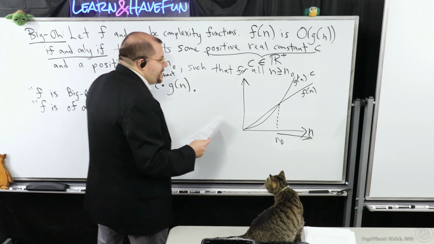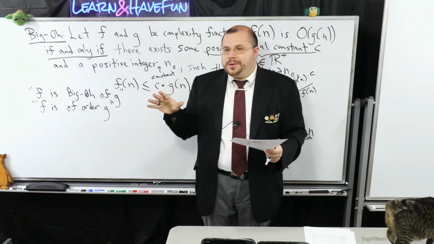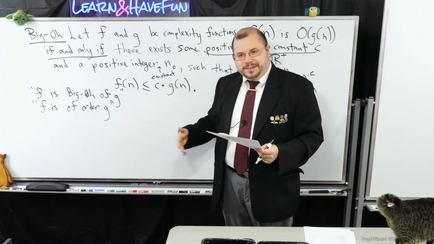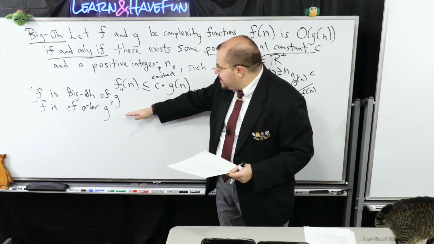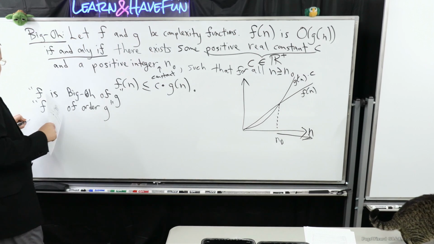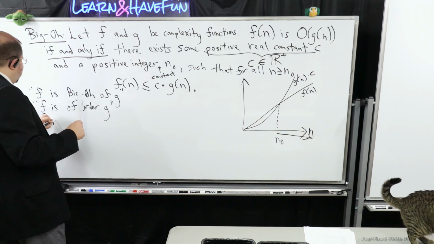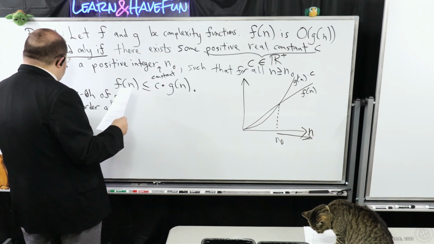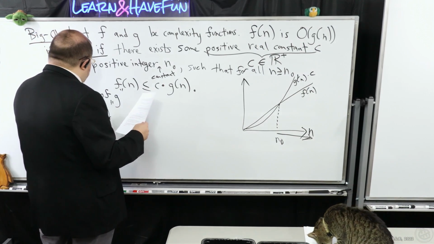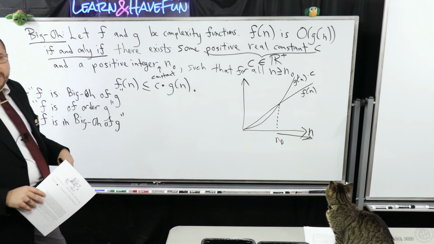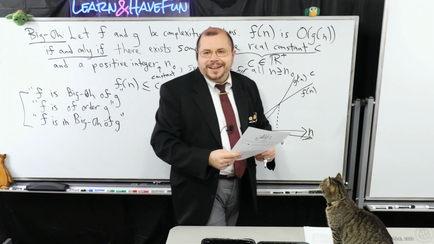Keep in mind that you have to be a bit careful when you use big O notation. I'll have more discussion about that when we get to some other asymptotic notations. So likewise, you can also say that f is in big O of g. So you'll find that I'll very often use the first and the third when I'm describing things for you, okay?